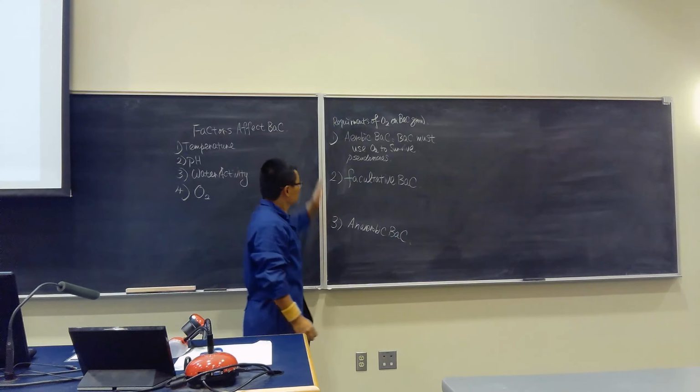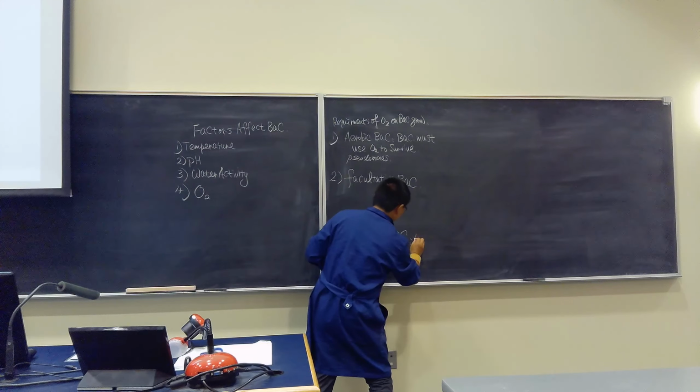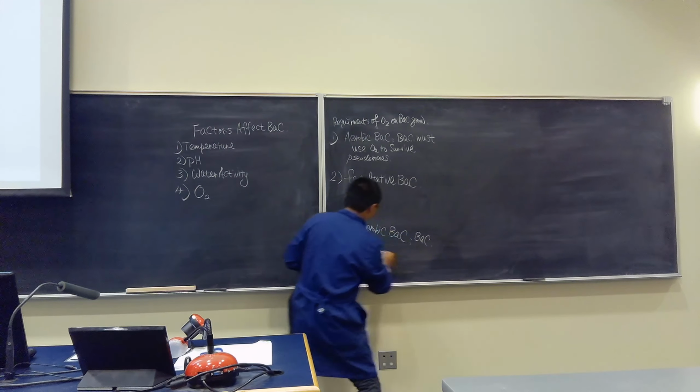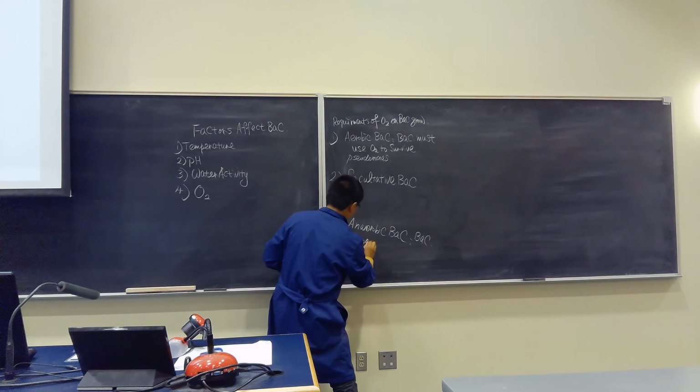Then we want to talk about the bottom one. Anaerobic bacteria, which means bacteria cannot survive in the presence of oxygen. In other words, exposure to oxygen will kill bacteria.